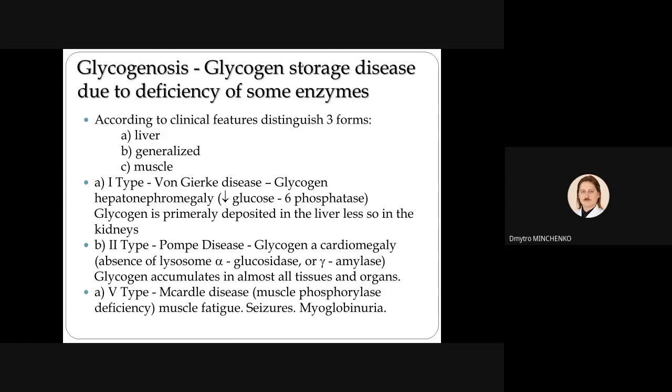We have type 2, Pompe disease, glycogen with cardiomegaly, absence of lysosomal alpha-glucosidase, or gamma amylase. Glycogen accumulates in almost all tissues and organs. In the fifth type, we have muscle phosphorylase deficiency with muscle fatigue, seizures, myoglobinuria.